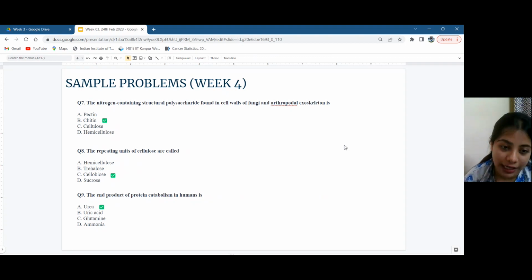Then we are moving on to the next, which is also quite related to the previous one. So the repeating units of cellulose are called as A, hemicellulose, B, trehalose, C, cellobiose, or D, sucrose. So this is a fairly direct question.